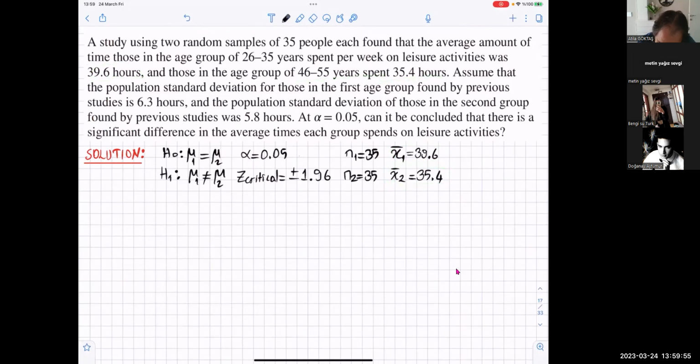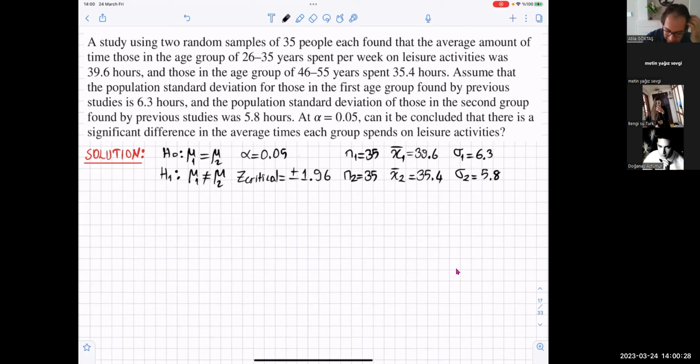Okay, I also need to know the standard deviation of the variances from pre-studies, and this is also given, the population standard deviation. So it's not the variance; sigma 1 itself is given, 6.3, and sigma 2 is given as 5.8 hours.